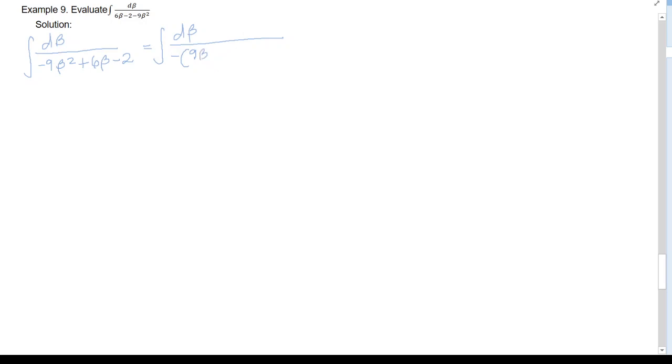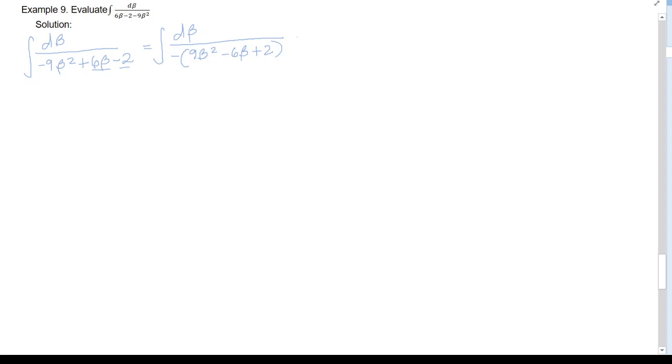That is 9 beta squared minus 6 beta plus 2. Since if we distribute that one, that is negative 9 beta squared, negative times negative, that is positive 6 beta, negative times negative 2, that is negative 2. So it is equal to this one also.